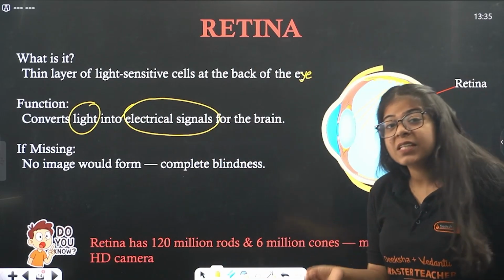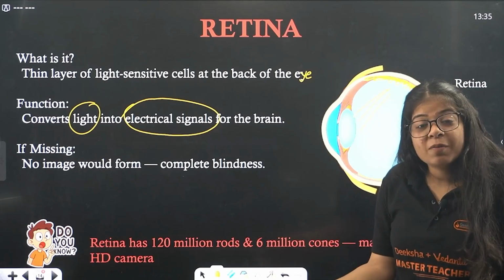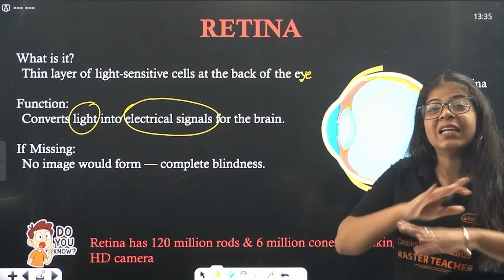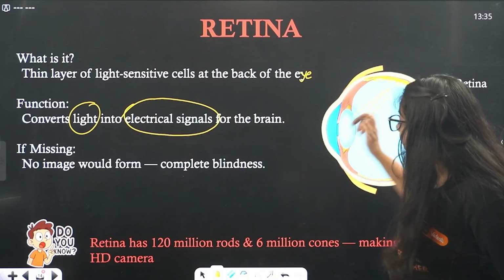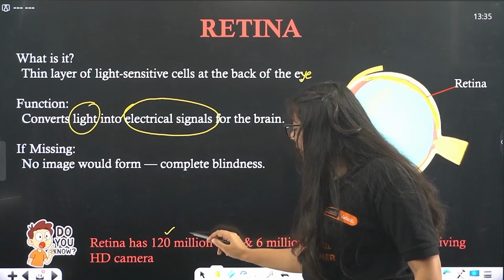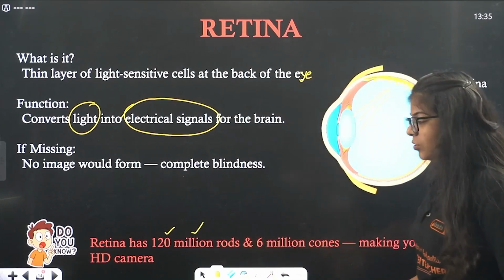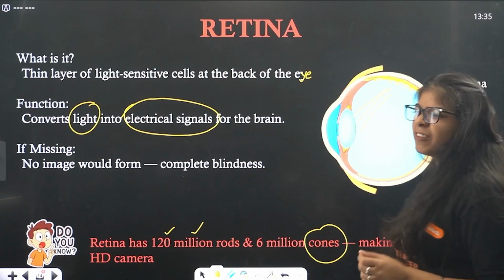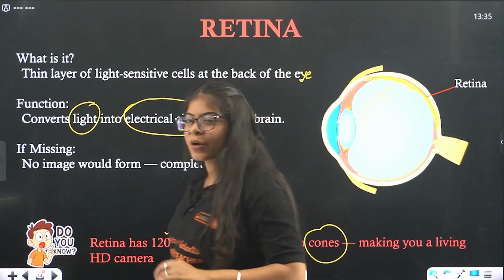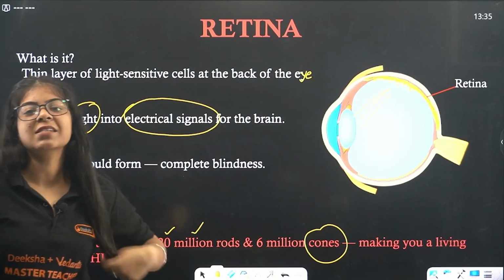Now, if this is missing, where will the image be formed? No image will be formed and complete blindness will be there. Now, this retina has 120 million rods and 6 million cone cells, making you a living HD camera. So that's the main part of this retina.